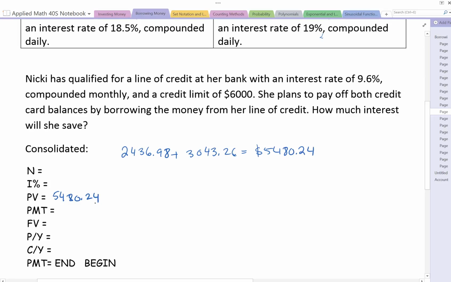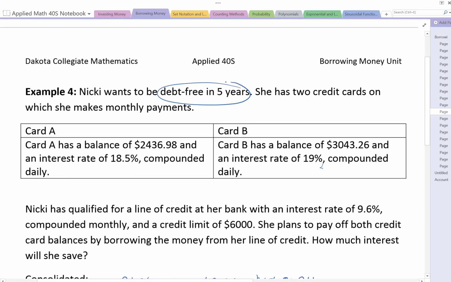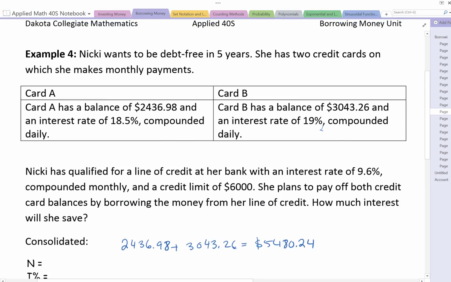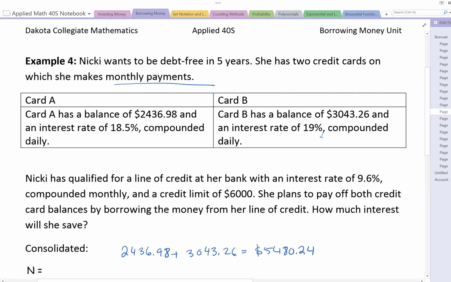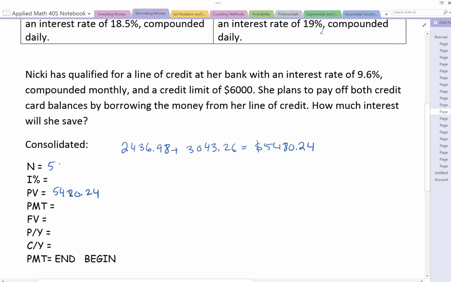Now she wants to pay this off in 5 years because it says at the top here, debt-free in 5 years. So paying that off in monthly payments. Okay, so 5 years making monthly payments. Now, the credit line is compounded monthly, which is nice, right?